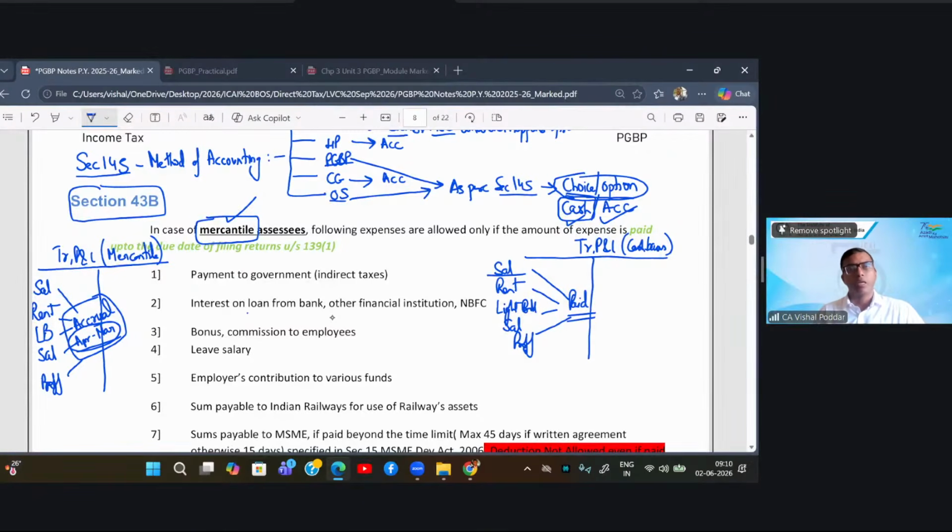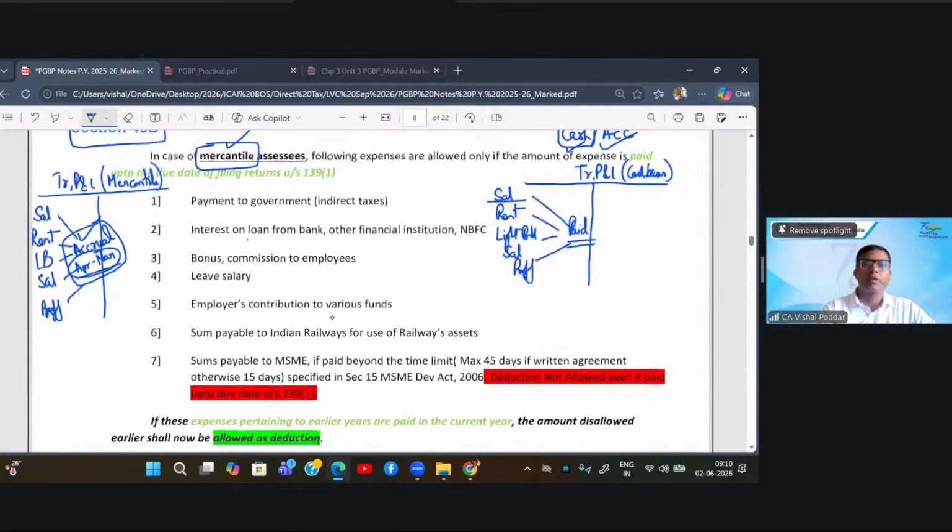Possible? Now, 43B says, since you are following accrual basis, we will agree, because 145 has given you that option. Agree means we will allow you deduction of all those expenses, whether paid or not, except these 7. Now, out of these 7, the first 6 expenses, I will allow you as deduction only if these expenses are paid. Paid when?